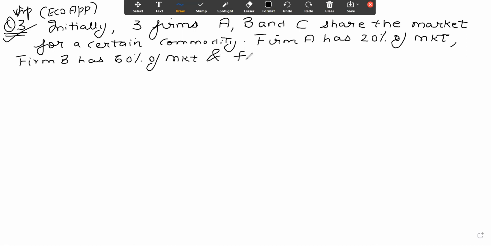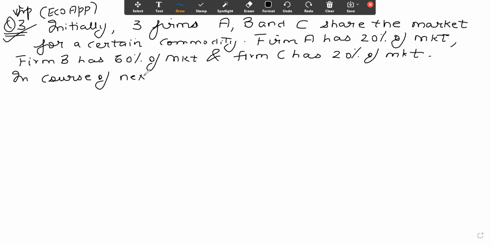And firm C has 20% of the market. Now they have given that in the course of next year, the following changes take place.